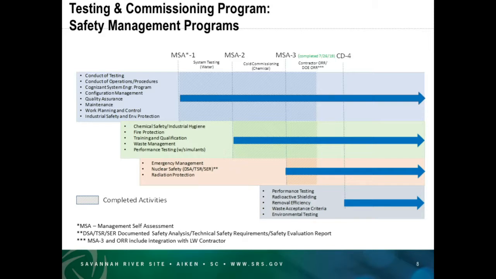We're also generating hazardous waste streams, which needed to be disposed of, and we had to be prepared to safely operate the facility with a chemical simulant that replicates the waste feed that we will get when we become operational. So we've completed that journey, and toward the end of July, we finished Management Self-Assessment 3.